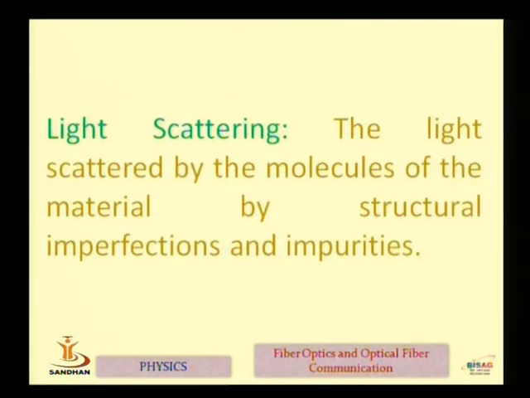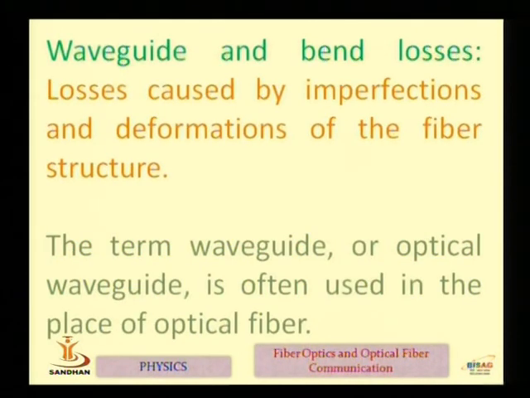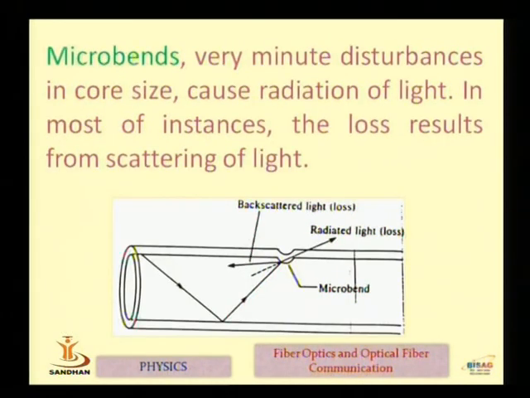Light scattering: light is scattered by the molecules of the material, by structural imperfections and impurities. Waveguide and bend losses are losses caused by imperfections and deformations of the fiber structure. The term waveguide or optical waveguide is often used in place of optical fiber.